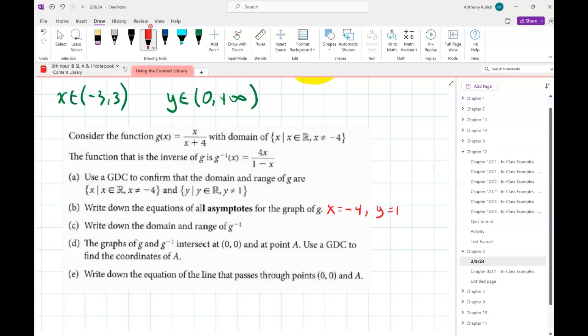Here's the great thing about these inverses: the domain of G should be the range for G inverse, and the range of G should be the domain for G inverse, right? So this should be, using their notation that they're using here.